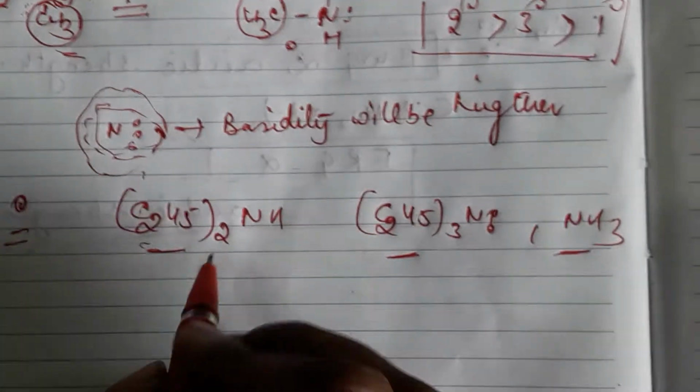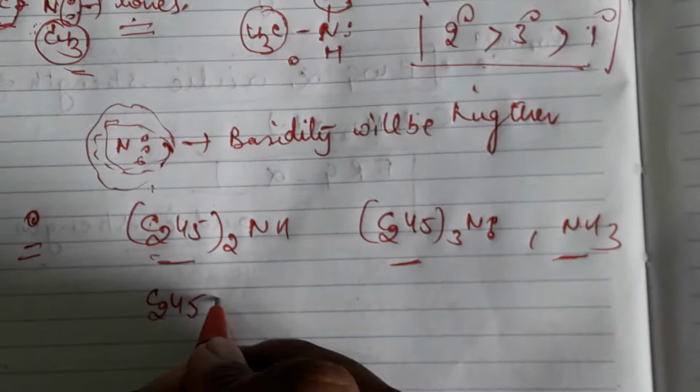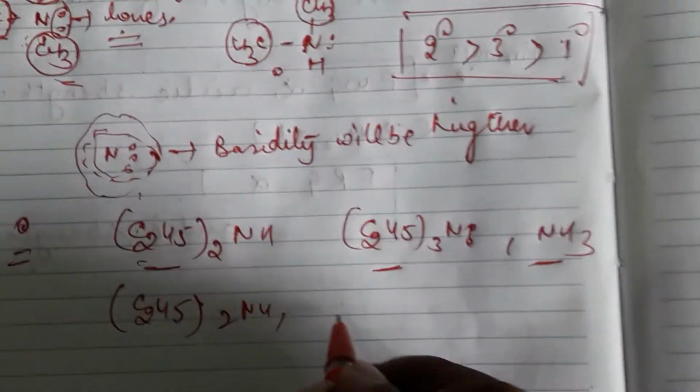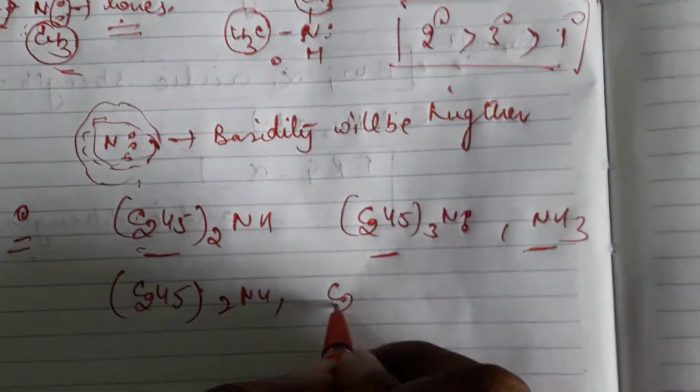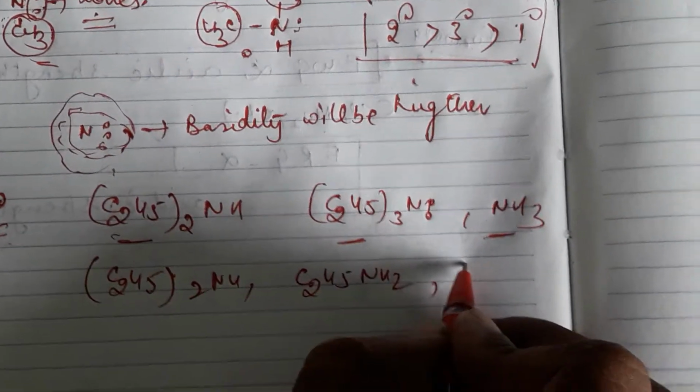In this molecule, what happened here, I have taken this simple example: first of all C2H5NH, C2H5NH2 and ammonia.